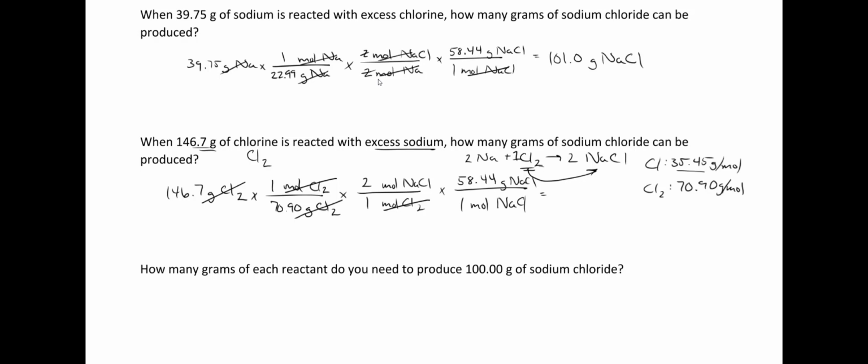And this gives me 241.837, which would round to 241.8, 4 significant digits. And the unit which is left over is grams of sodium chloride.